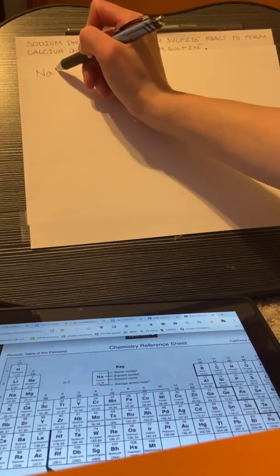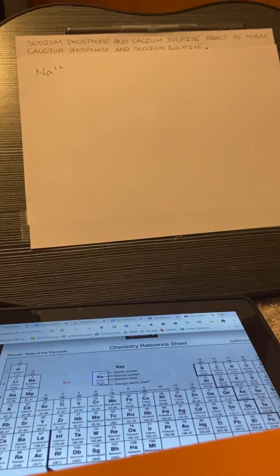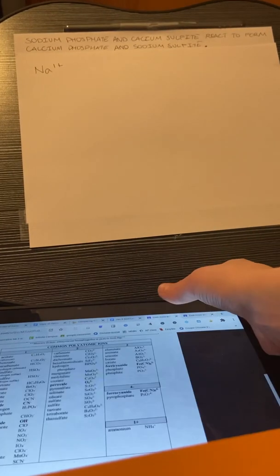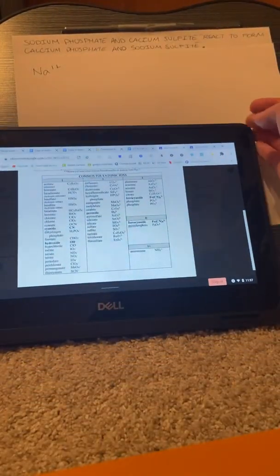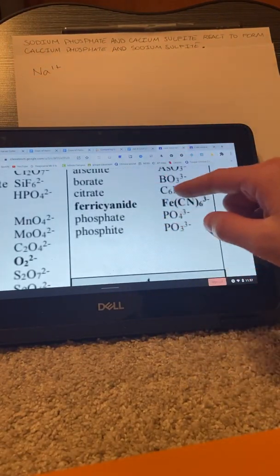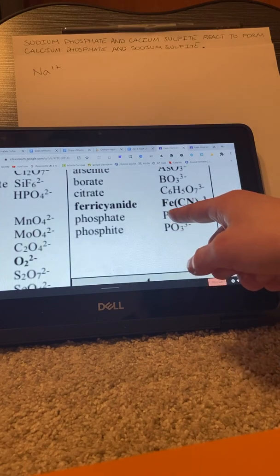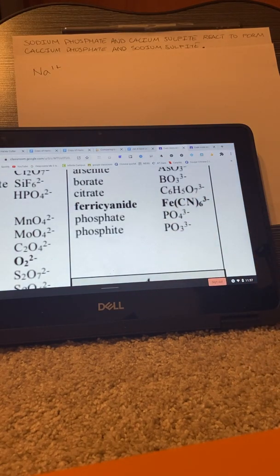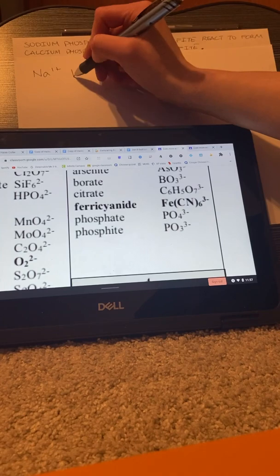So you're going to write Na1+, and then you're going to find phosphate, which is going to be on your common polyatomic ion sheet. You're going to find it over here, and it can be written as PO4 with a 3- charge.